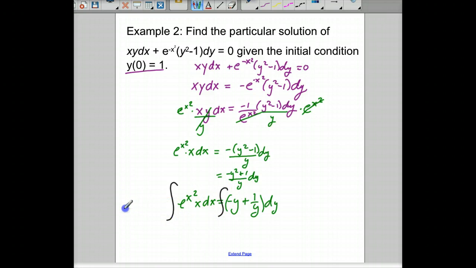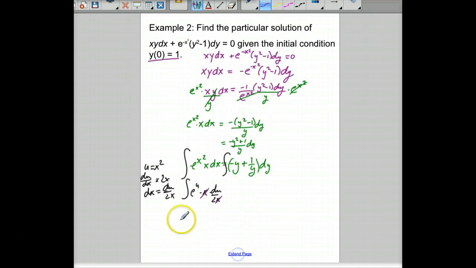We're going to choose u as x squared. So the derivative of u is 2x. dx is du over 2x. So we'll have the integral of e to the u times x times du over 2x. So those x's cancel. So then I'll have 1/2 integral e to the u du.